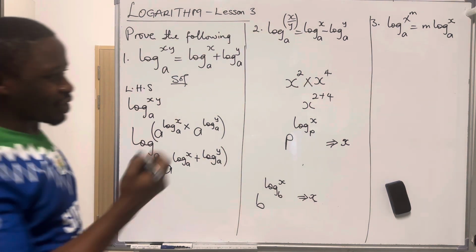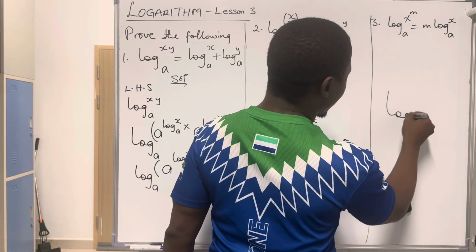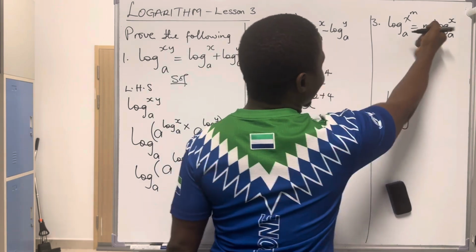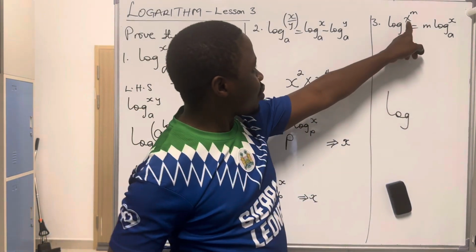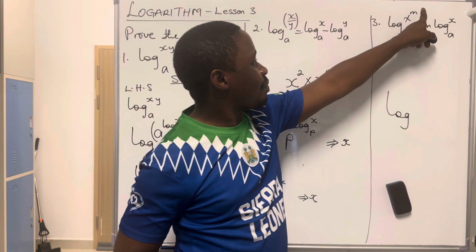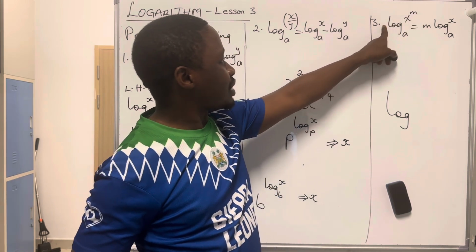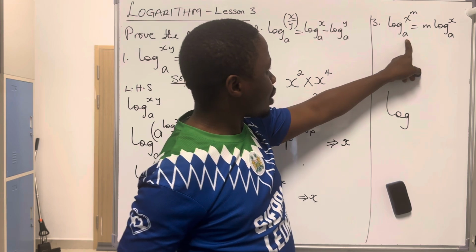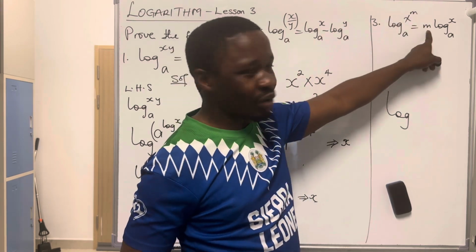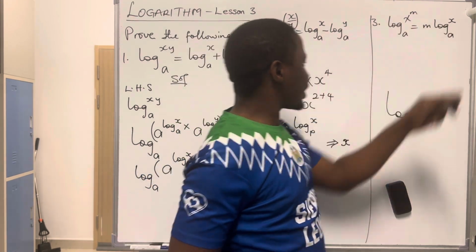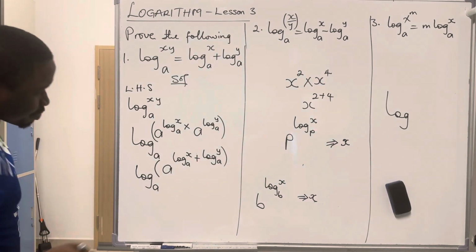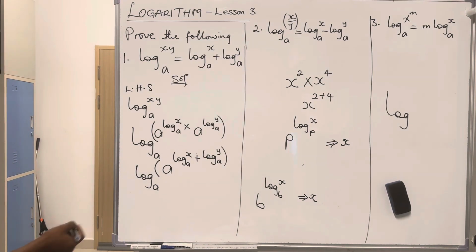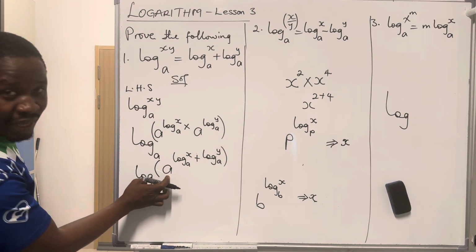We go to another law that says when the log number has a power, the power goes to the left side of the log. You see, log x to the m base a is equal to m log x base a, m goes to the left. So now let's see here again. The number here is a.